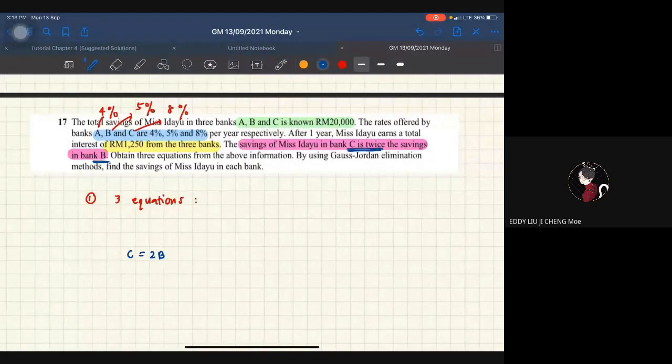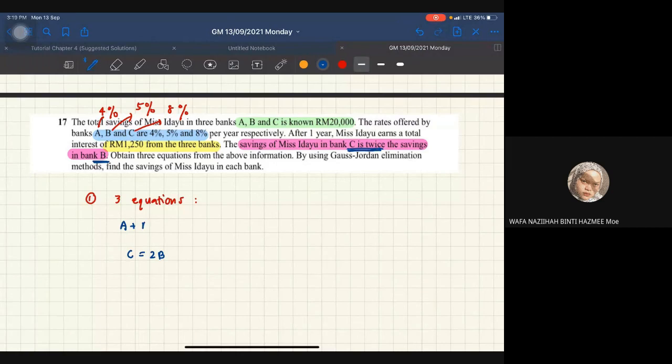Okay, so soalan cakap kat situ, obtain 3 equations from the above information. Okay, so kita dah ada satu equation. So lagi 2 equation awak nak dapat kat mana? Apa satu lagi equation? The first equation apa? So, siapa nak cuba? A plus B plus C equals to 20,000.